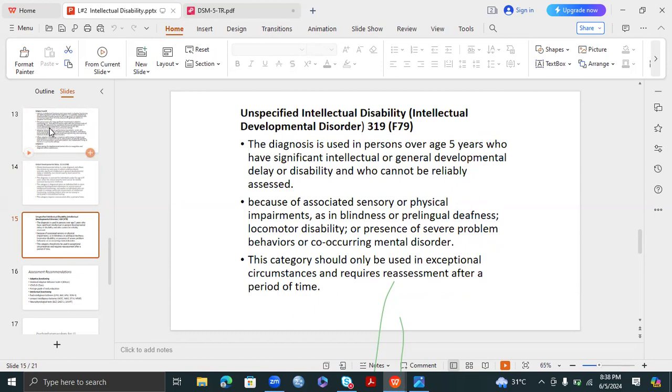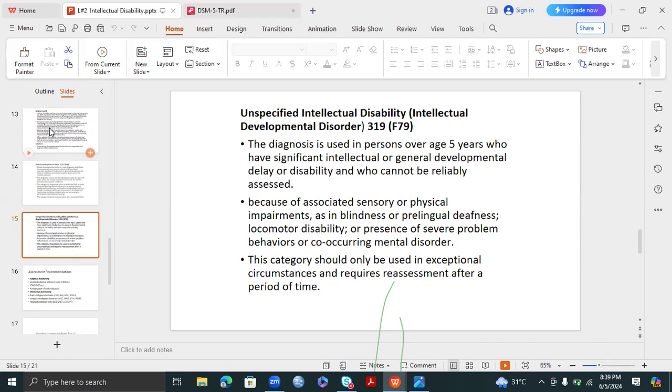In this diagnosis, basically a person over the age of 5 years has significant intellectual or general developmental delay or disability, but you are not able to reliably assess that person because of some kind of sensory or physical impairment, like we have discussed in the profound severity level of intellectual disability, such as blindness, prelingual deafness, locomotor disability, the presence of severe problem behaviors, or any co-occurring mental disorder.